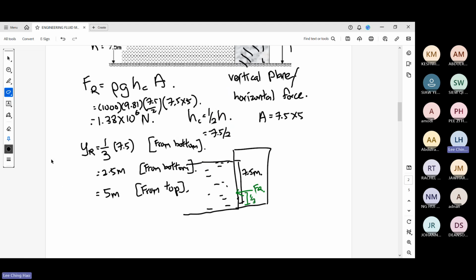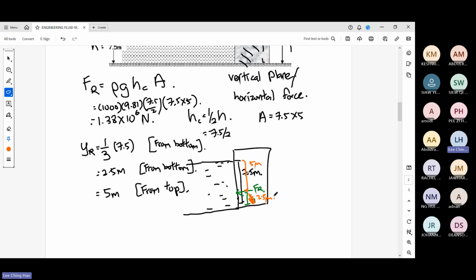So you see 2.5 is here, and this part is 5 meter long, so 2.5 plus 5 is 7.5 meter. When they only ask you to find the location, you can write either one, but you need to mention which.